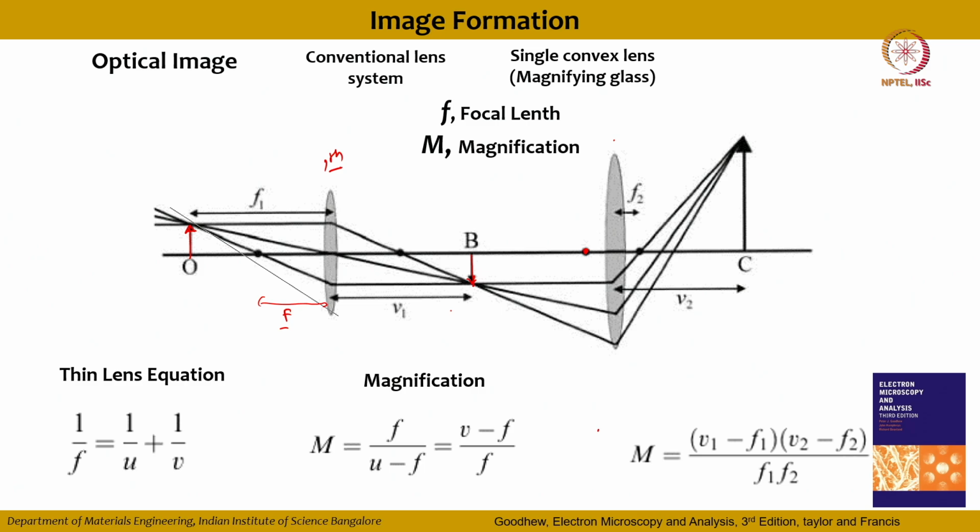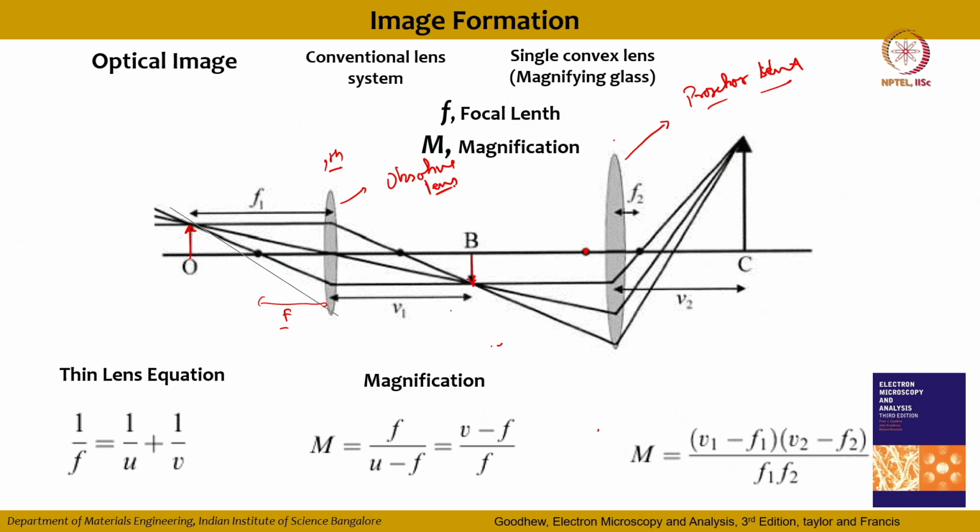So this particular second lens is called the projector lens, and this particular first lens is called the objective lens. Okay, so here we are introducing a new term, which is the projector lens.